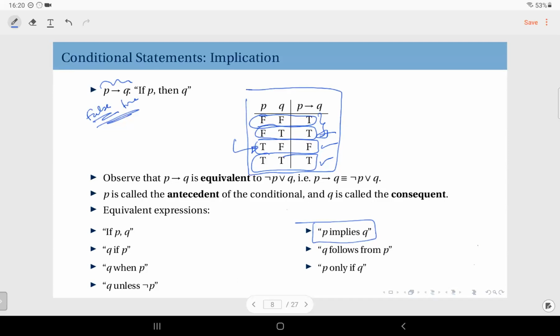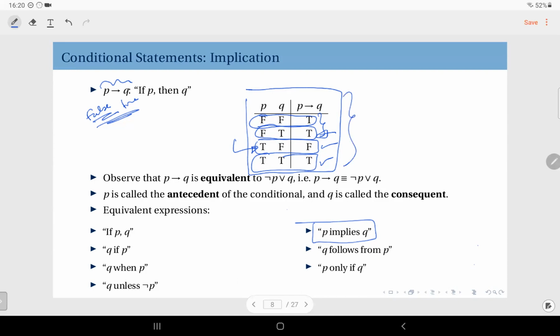In that case, Q must be true so that we have an implication. But when P is false, the implication is going to hold whatever the value of Q is. Okay, so this is the definition of implication.